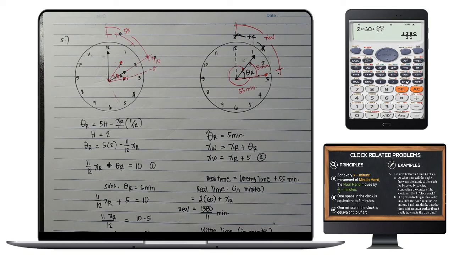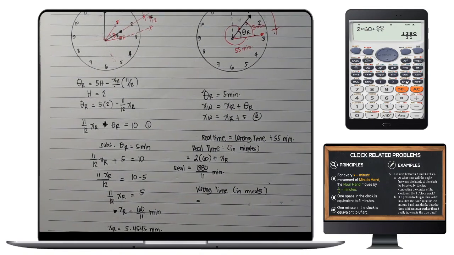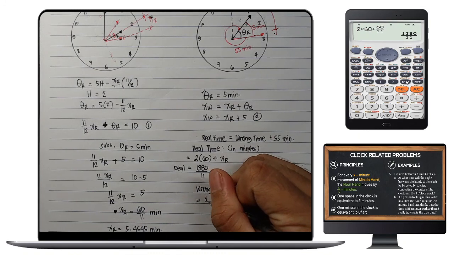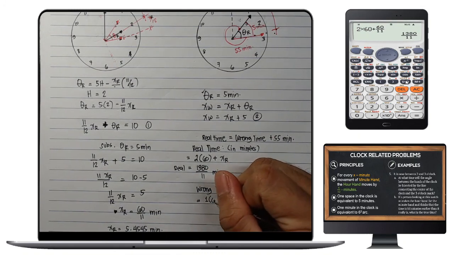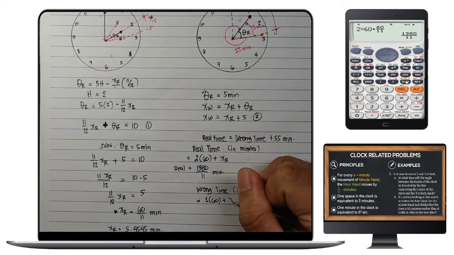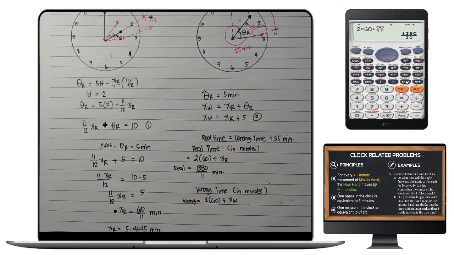Okay? So, ibig sabihin yung h na gagamitin natin is simply 1 para dito sa wrong time. So, 1 times 60 plus x sub w. So, this is our wrong time.